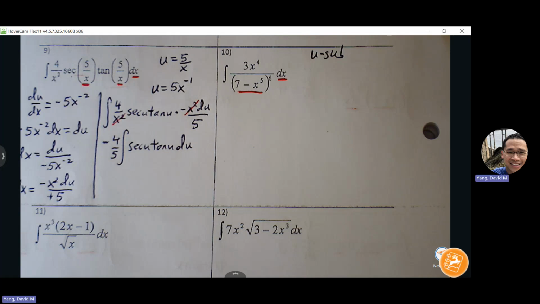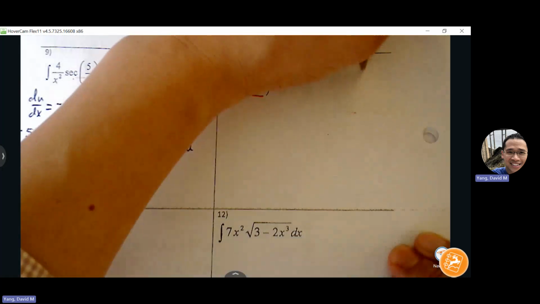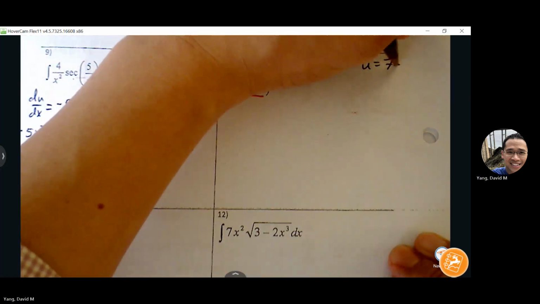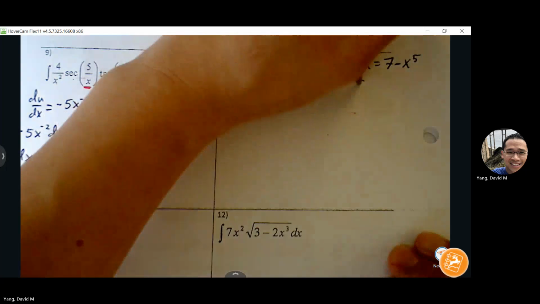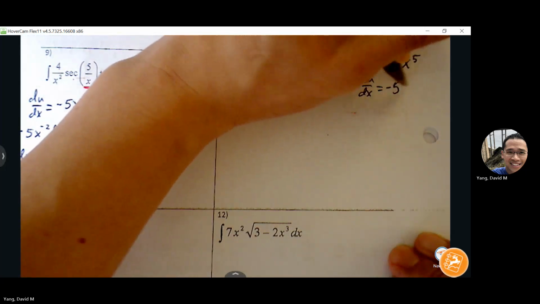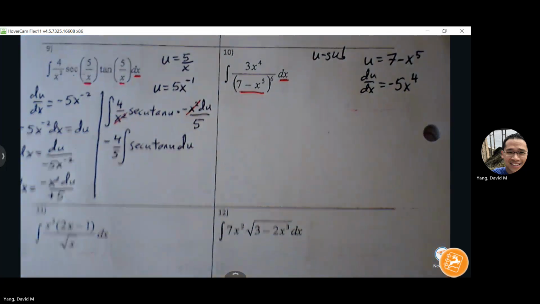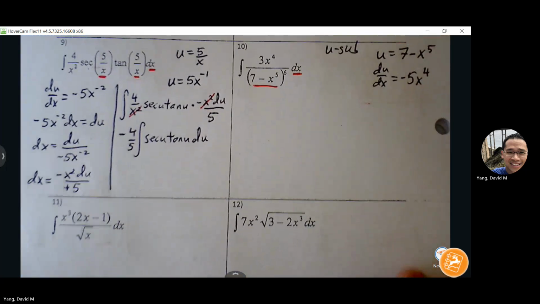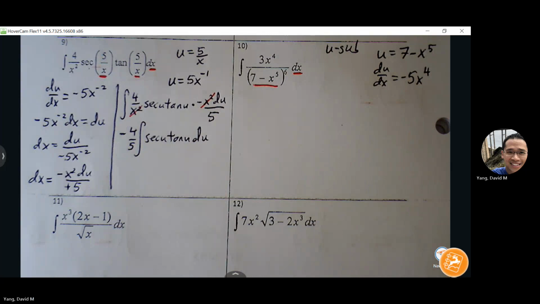Before you apply power rule, just make sure that u is brought back up. Okay. Number 11, can we expand our way through and rely on power rule?